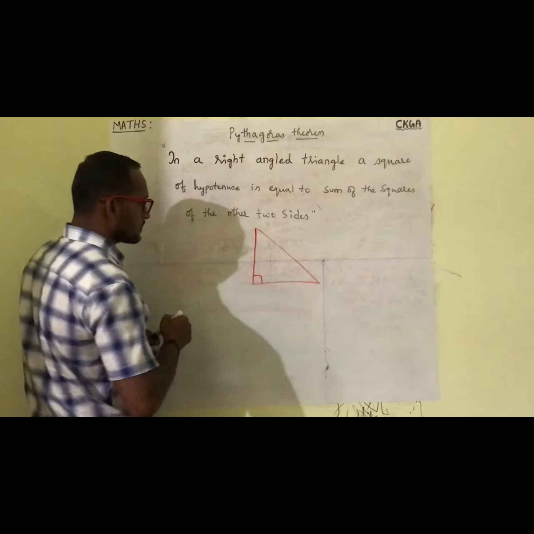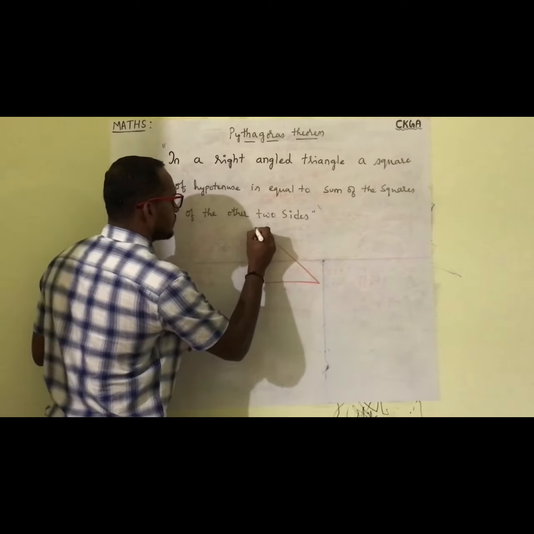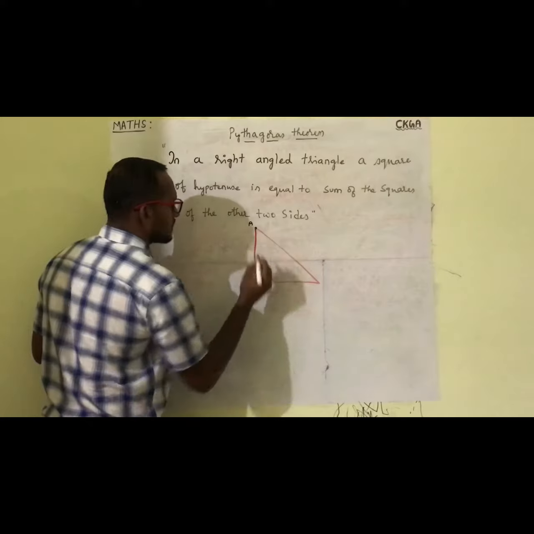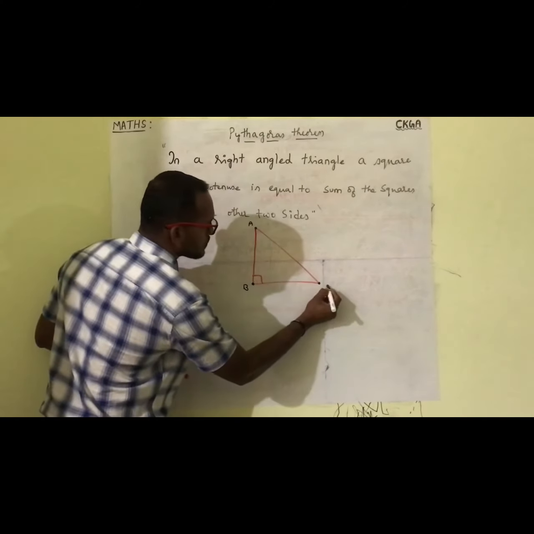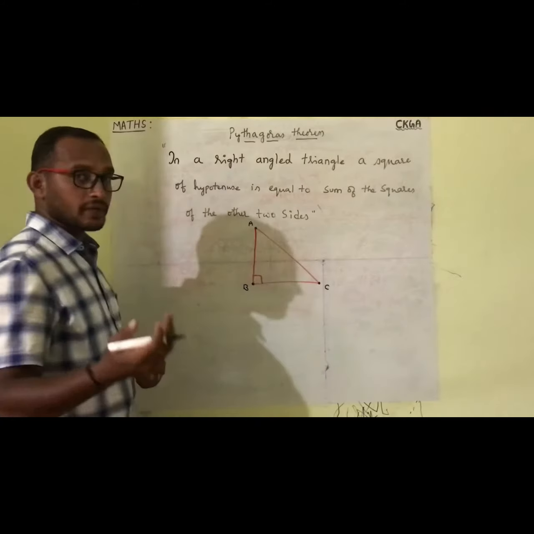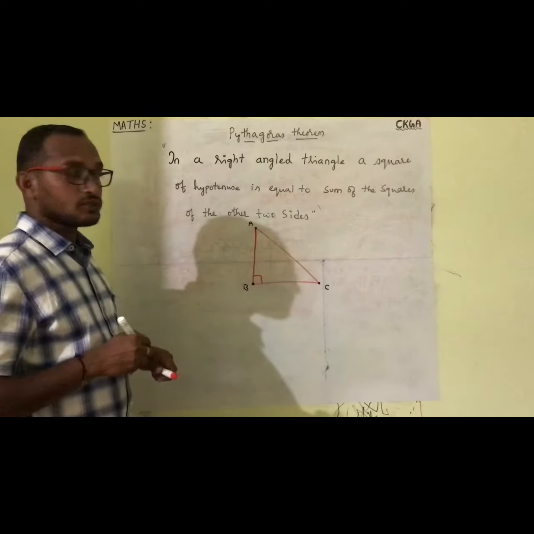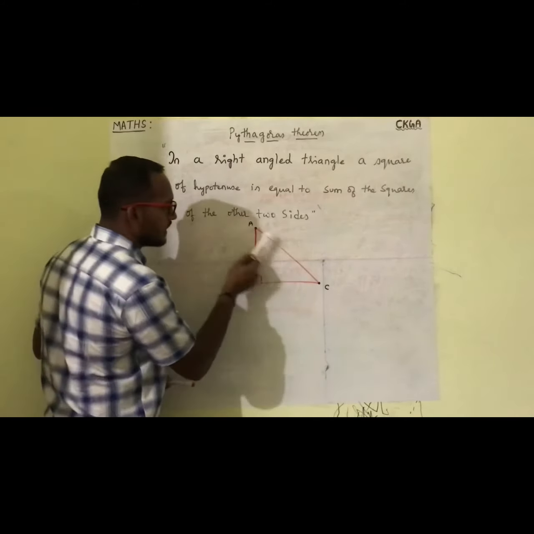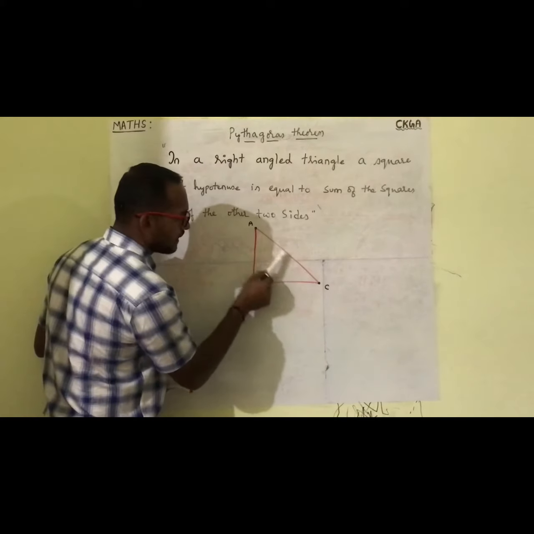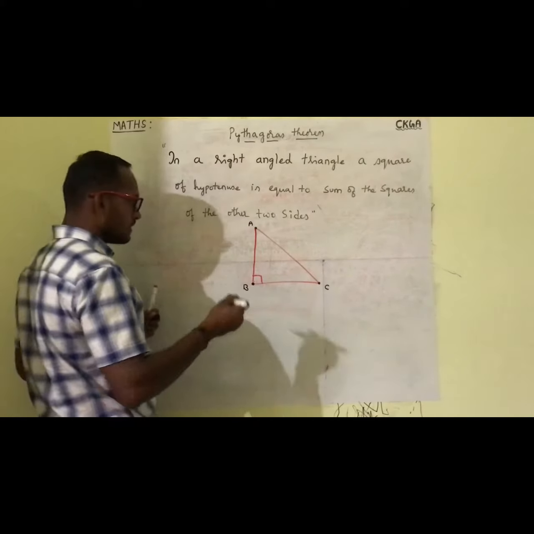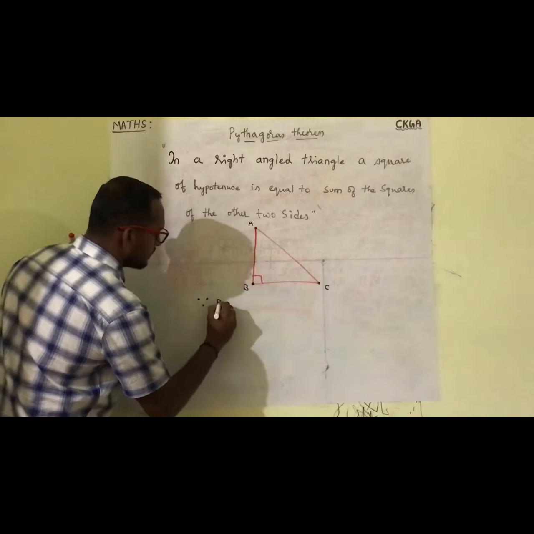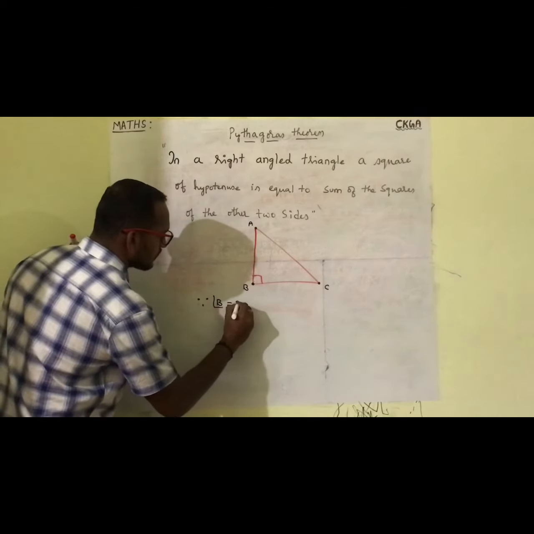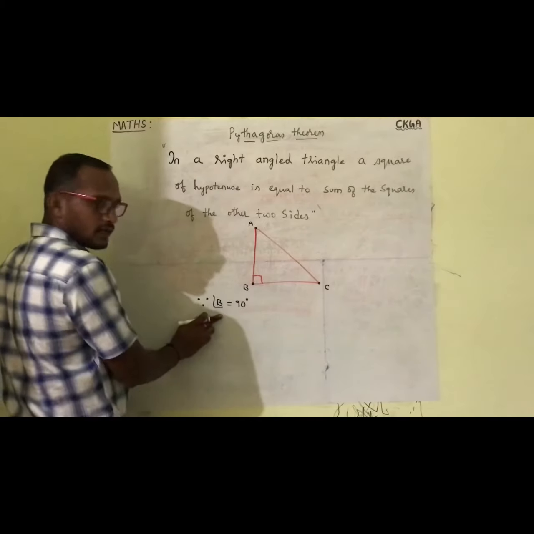Now if you write the vertex names, this one I call A, this point is B, and this point is C. Hope you can predict the hypotenuse of this right angle triangle. AC is the hypotenuse, the length of AC. Since angle B is equal to 90 degrees, this condition is very important.